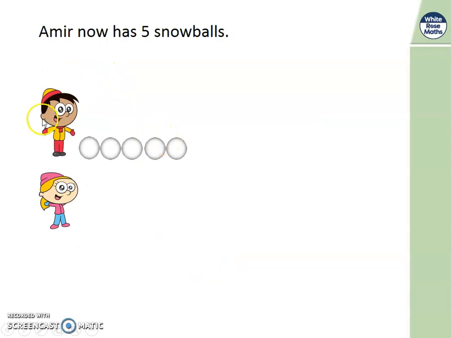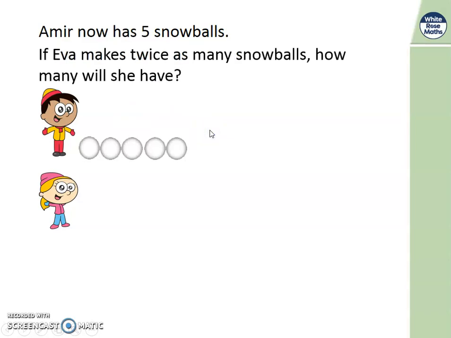So 6 is twice as many as 3. Let's check. Amir now has 5 snowballs. If Eva has twice as many snowballs, how many will she have? That's right. Twice means times by 2. Let's build it. There's her 5, but she needs twice as many.